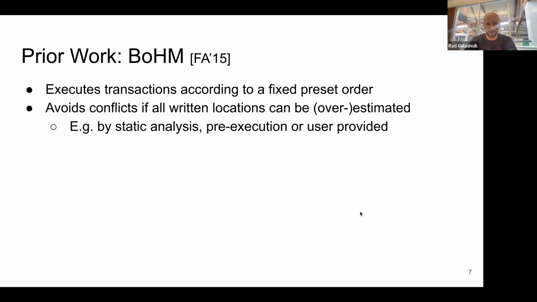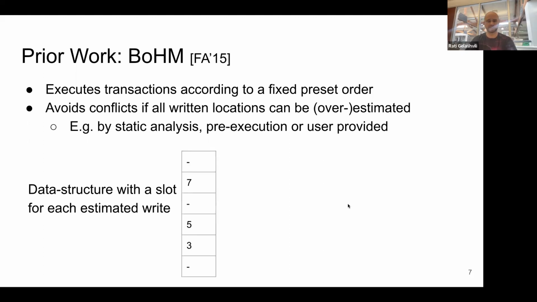This can be done by static analysis or pre-execution, or can be user provided. One thing is that because this work was done in the databases context, transactions there are simpler, there are stored procedures, et cetera. So this is actually a weaker assumption from the databases community than it would be in general, or for blockchains, I would say.